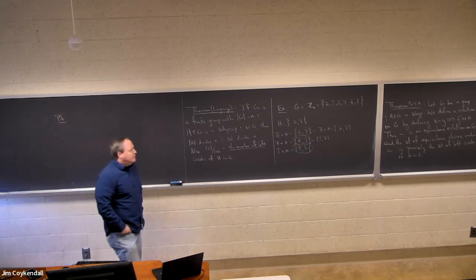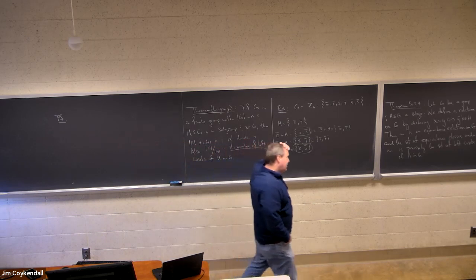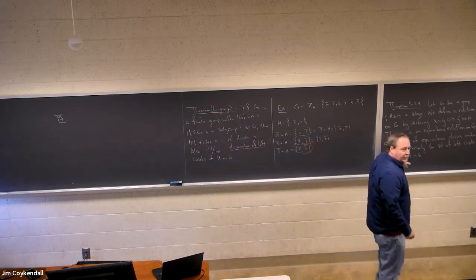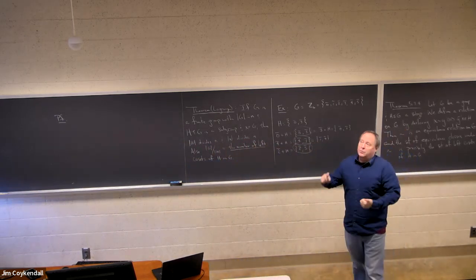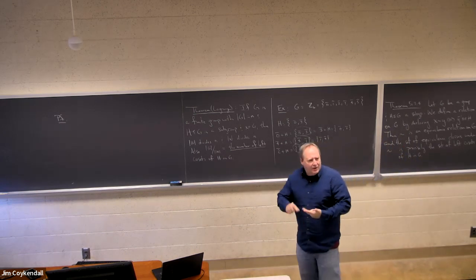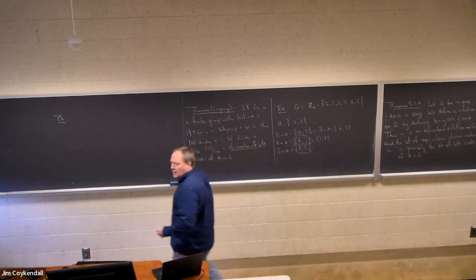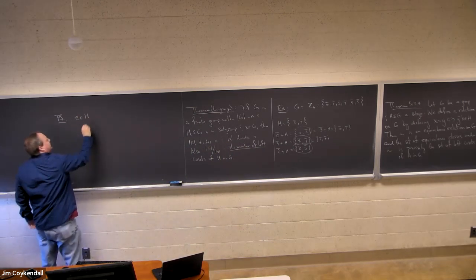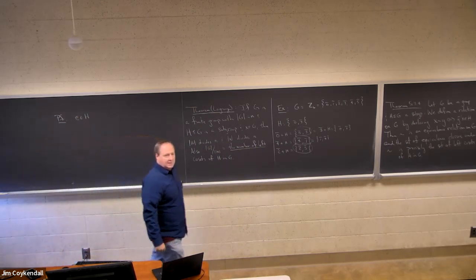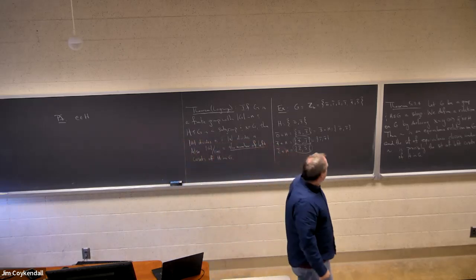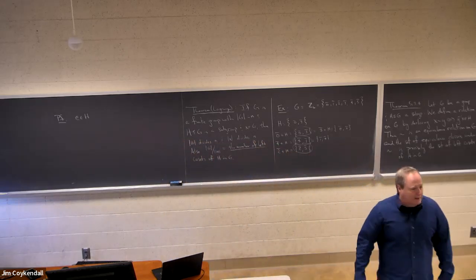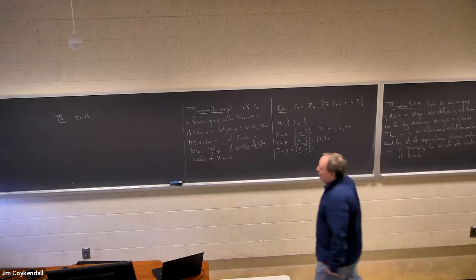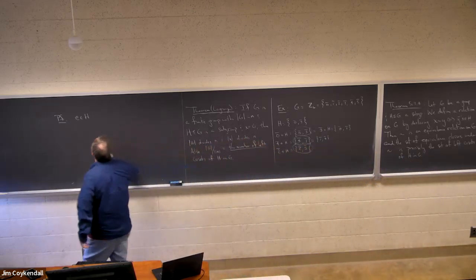Okay, the first thing I've got to establish is that this is actually an equivalence relation, right? So I need to show it's what? Reflexive, symmetric, and transitive, right? Well, let me point out that e is in H, right? Looks like I'm coming out of nowhere here, but H is a subgroup, so it's got the identity. Agree?